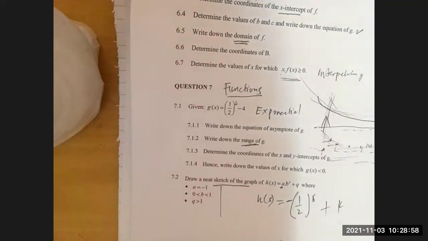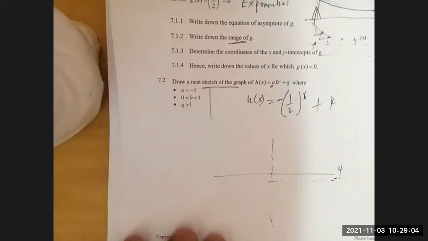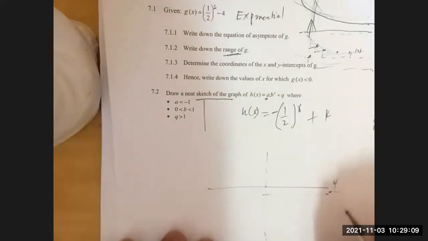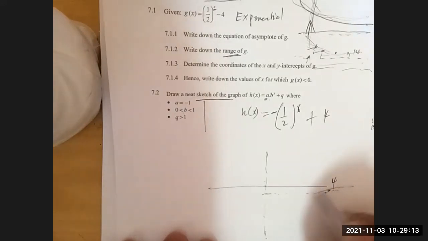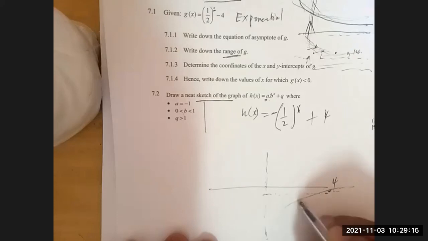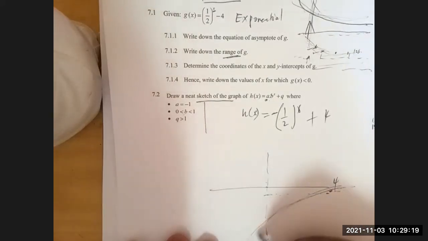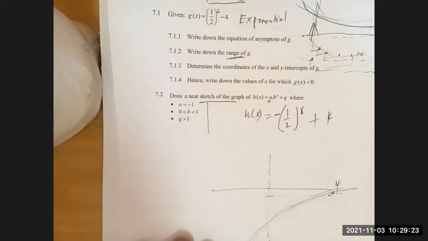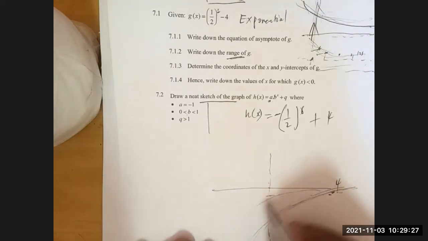And then if I put 2 there, I'm getting 3.75. So it is approaching the asymptote. So it is going this way. It means the curve is going to follow this kind of trend, right? It will not touch the asymptote, but it's going to follow that kind of trend there.